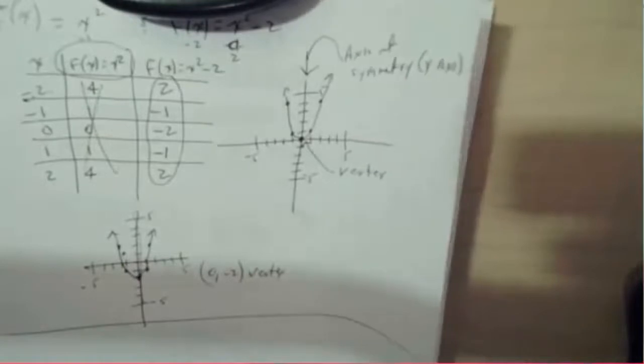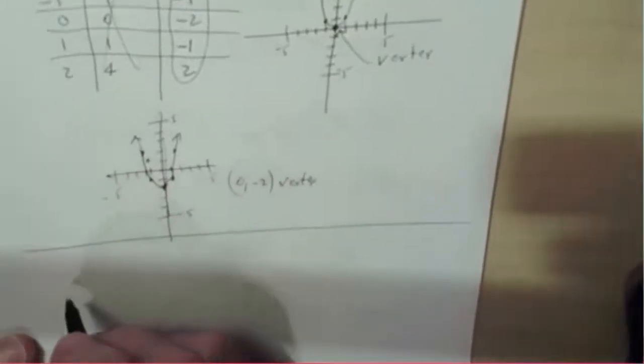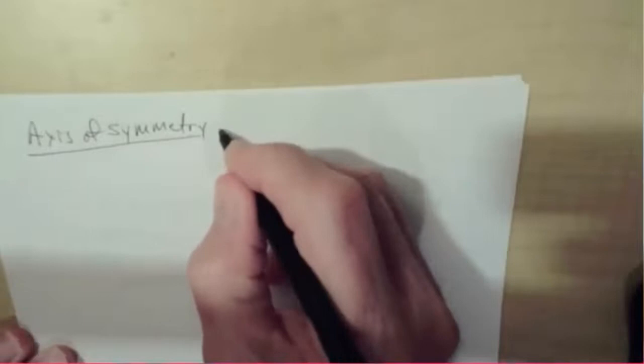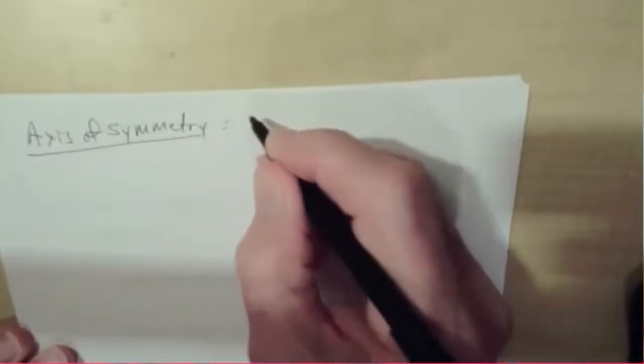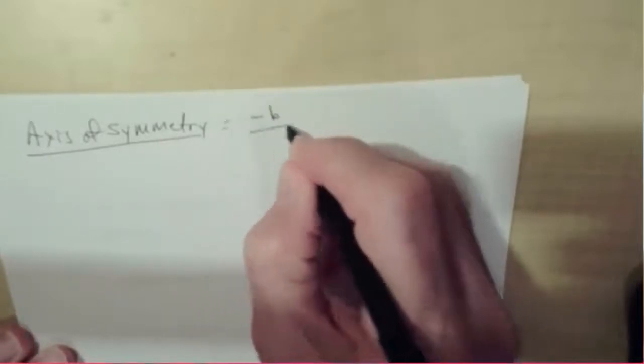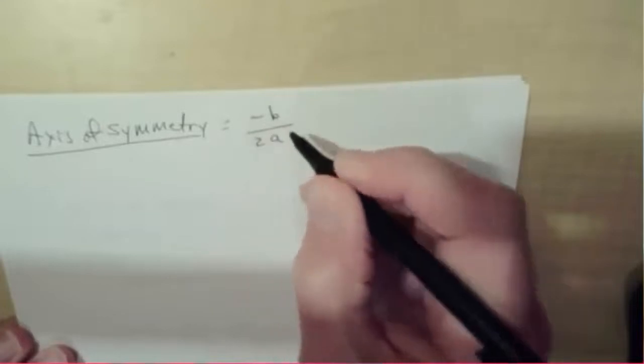Okay. Now, how do we find the axis of symmetry? There's a nice pretty formula. The axis of symmetry is negative b over 2a.